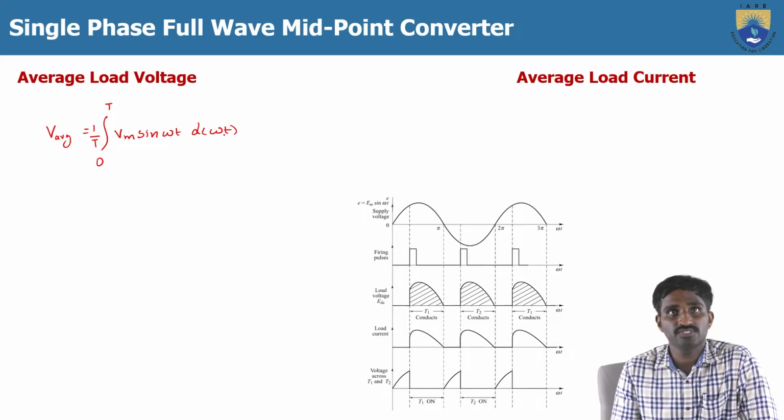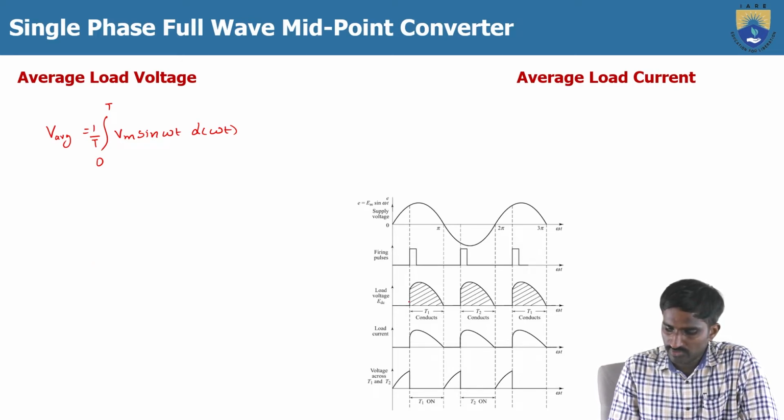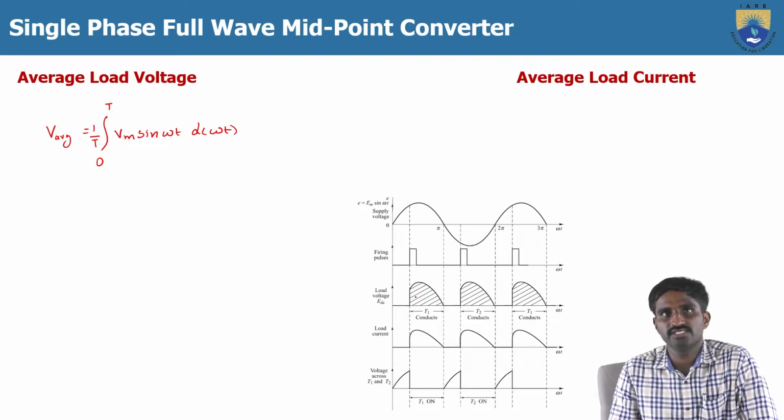This is the standard equation to find the average value of a sine wave. But here we don't have a full sine wave for the output voltage, because as we know, the output voltage is a DC. Then we have to find the average value for this load voltage, that is EDC.